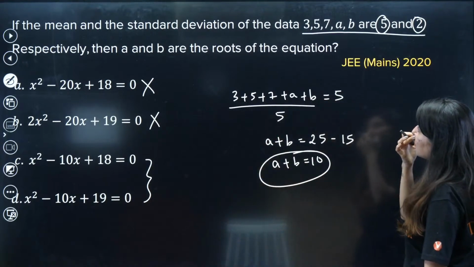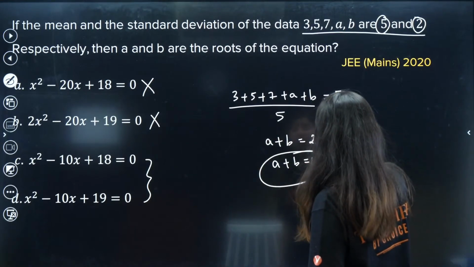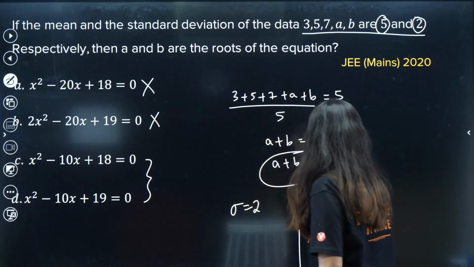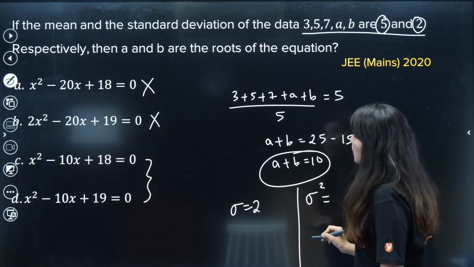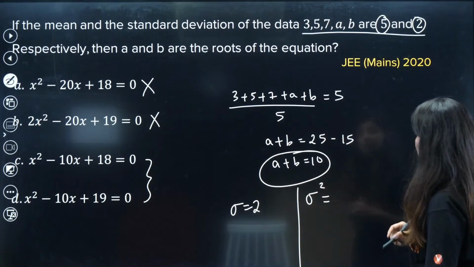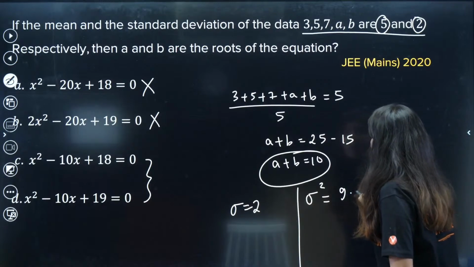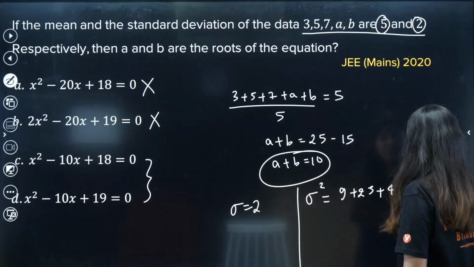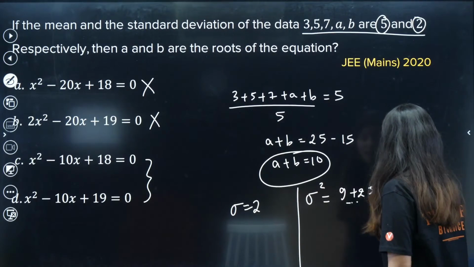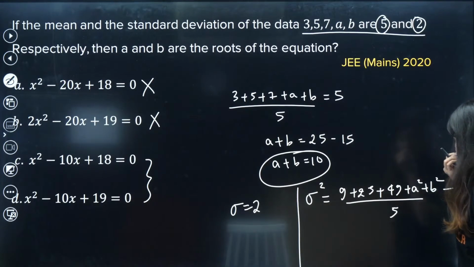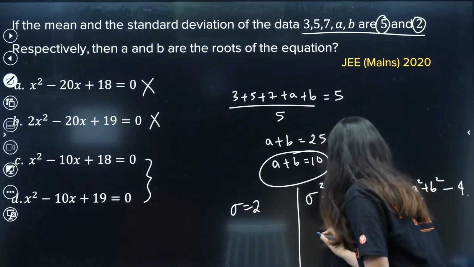Now they are saying that the standard deviation is 2. That means sigma is 2, and we know the formula of sigma square. So 3 square is 9 plus 25 plus 7 square 49 plus A square plus B square, divided by 5, minus mean square, so 4, and this value is 4.